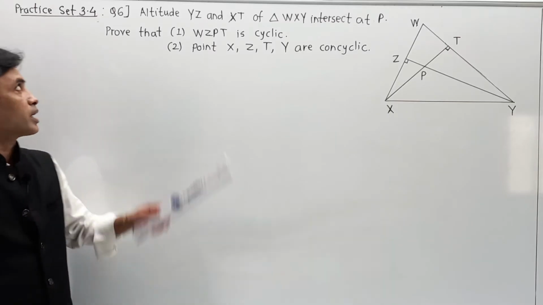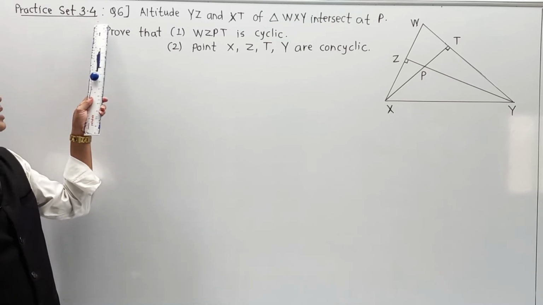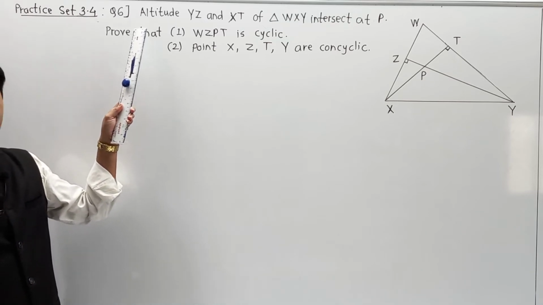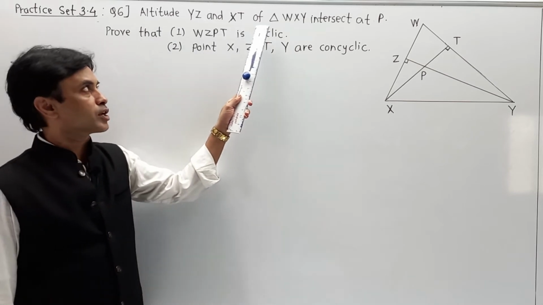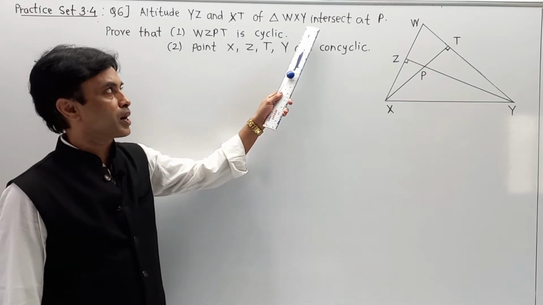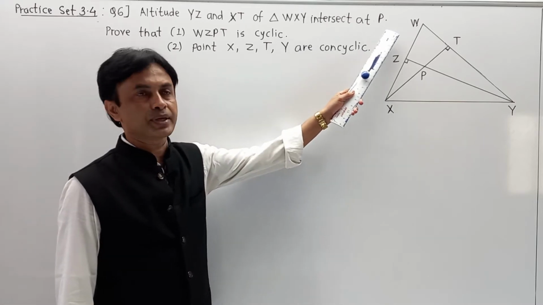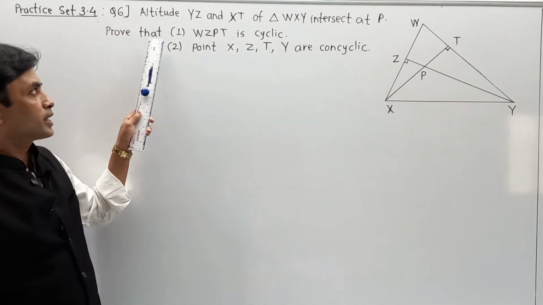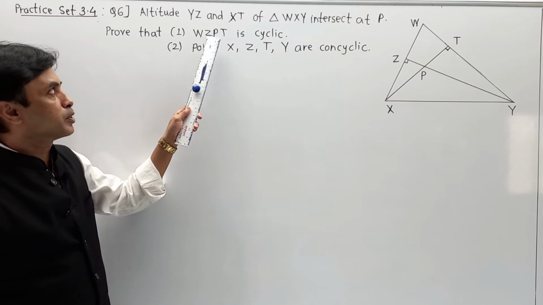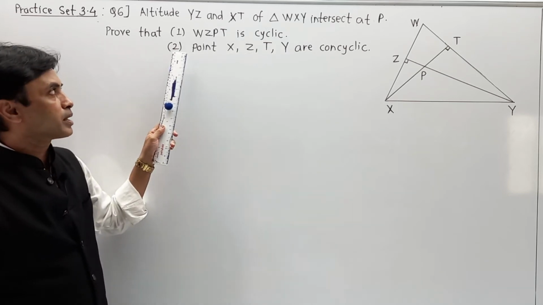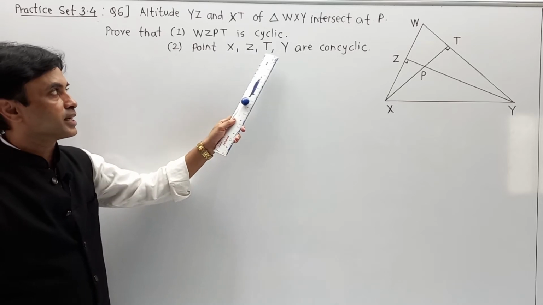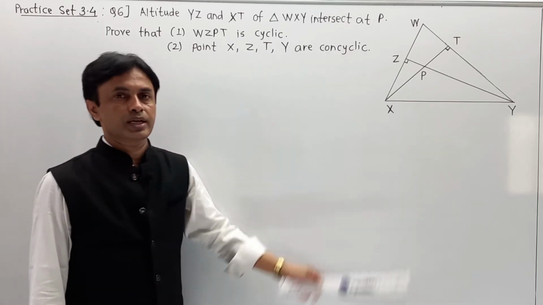Hello student, now in practice set 3.4, question number 6, the part is: altitudes YZ and XT of triangle WXY intersect at P. Prove that first, WZPT is cyclic, and second, points X, Z, T, Y are concyclic.